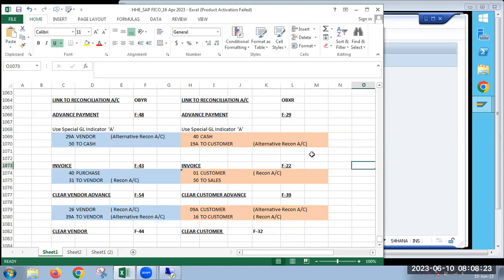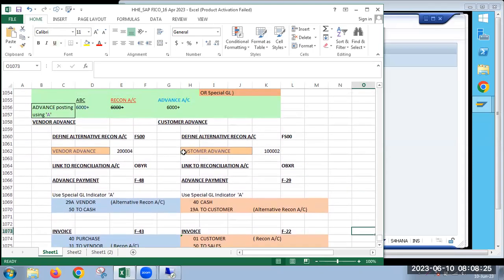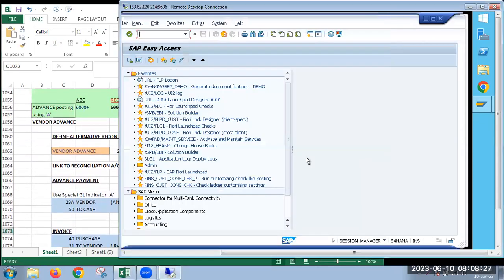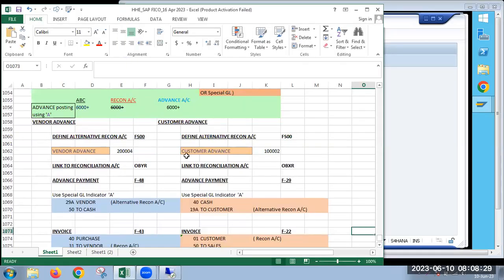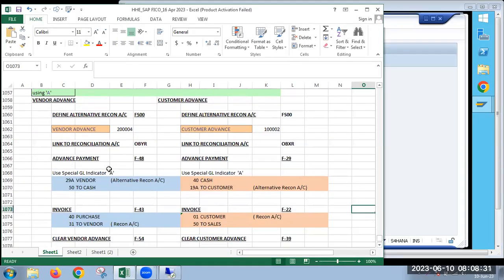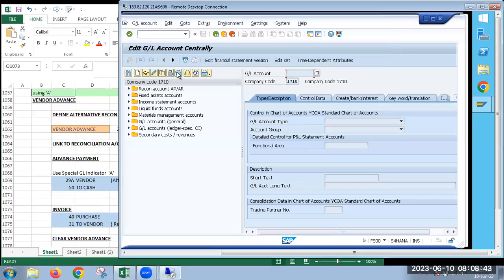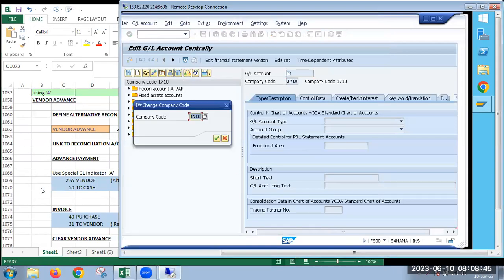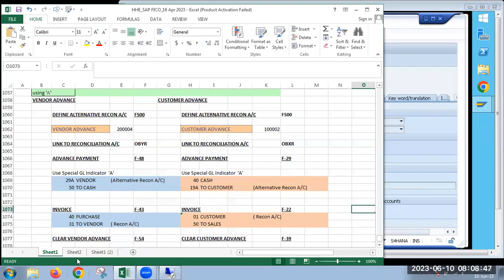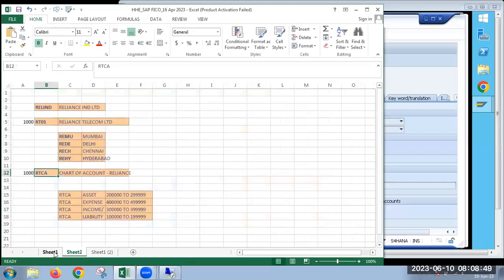Anyway, for customer advances, in the same way, we can create one customer reconciliation account. What is the company code? RT01.